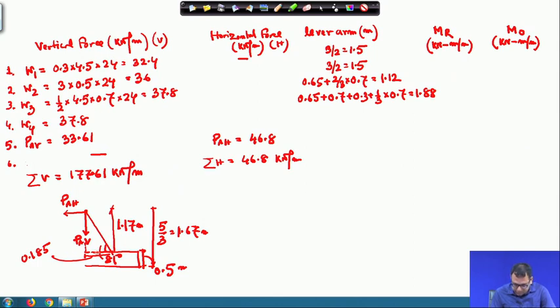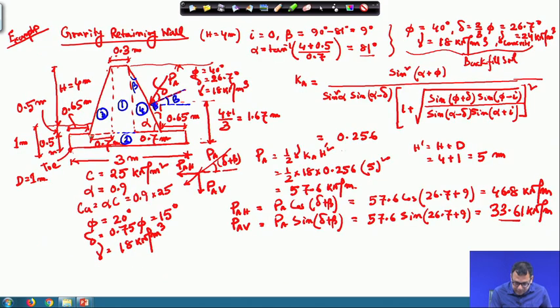So, I can calculate this is 0.185. So, where PAV is acting, it is 0.65 plus 0.7 plus 0.3 then 0.7 minus 0.185.